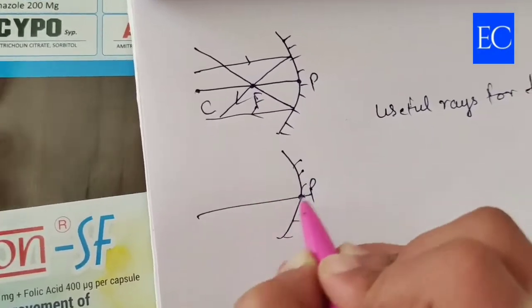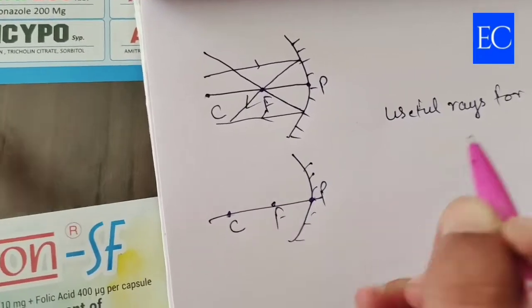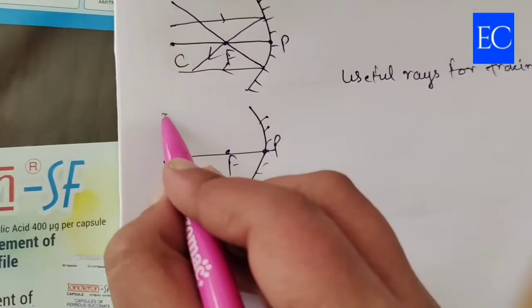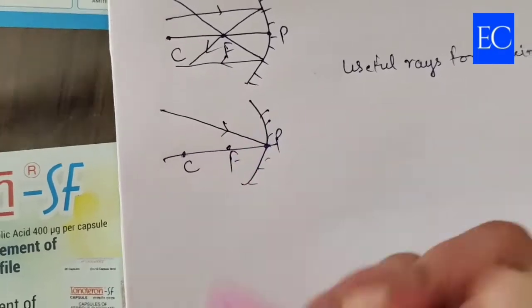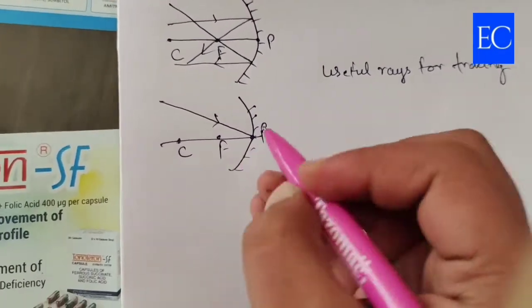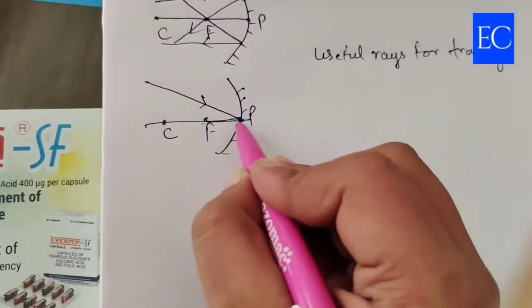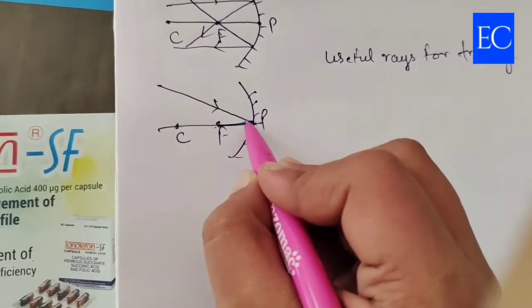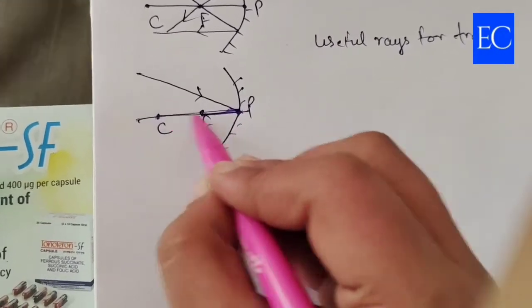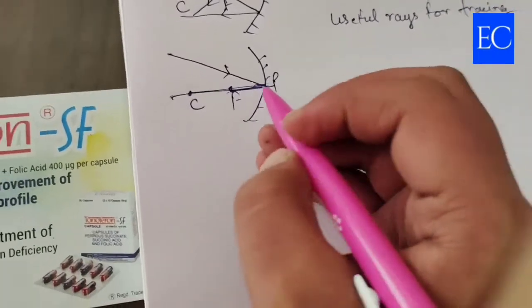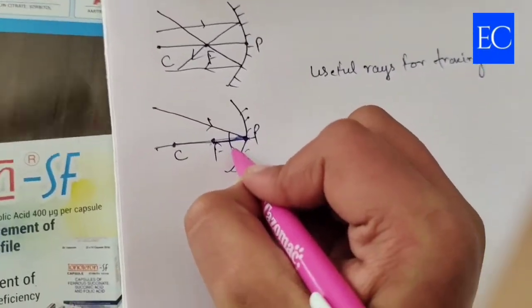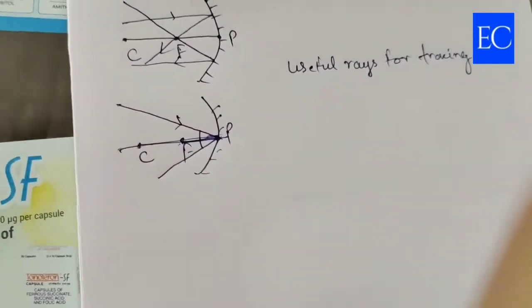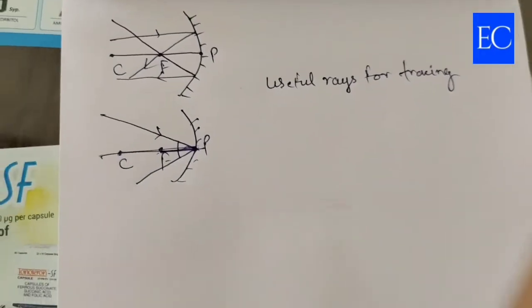Now when the ray is falling obliquely, you don't have to draw the normal to this surface. At the pole, the principal axis itself behaves as a normal, and you just have to measure this angle and draw the same angle. This will also be true.